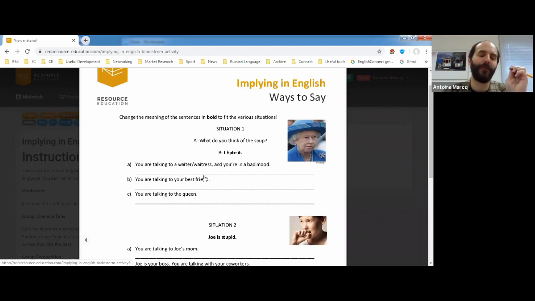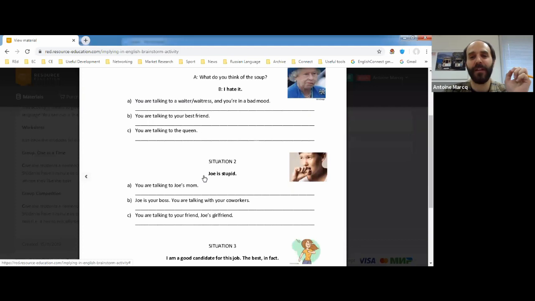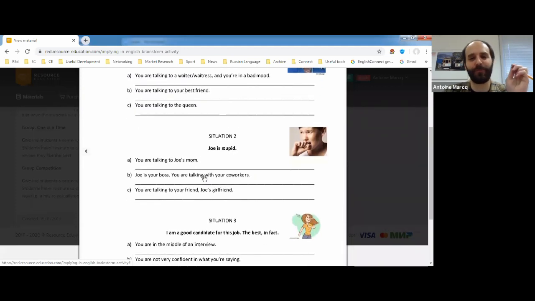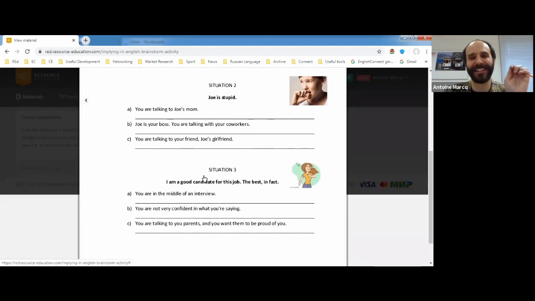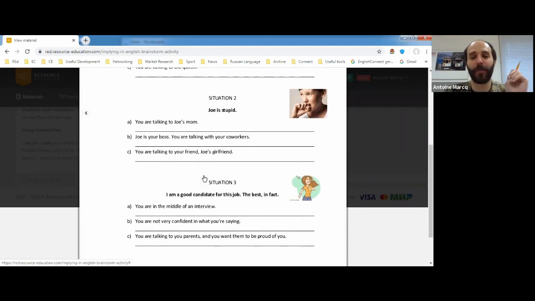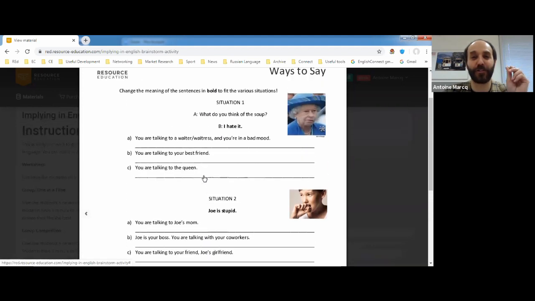I mean, they have just become super successful, and the Queen has invited them for a meal at Buckingham Palace. Situation 2, as you see in the picture, you want to say something a bit offensive, Joe is stupid. And situation 3, we're going to talk about job candidates.